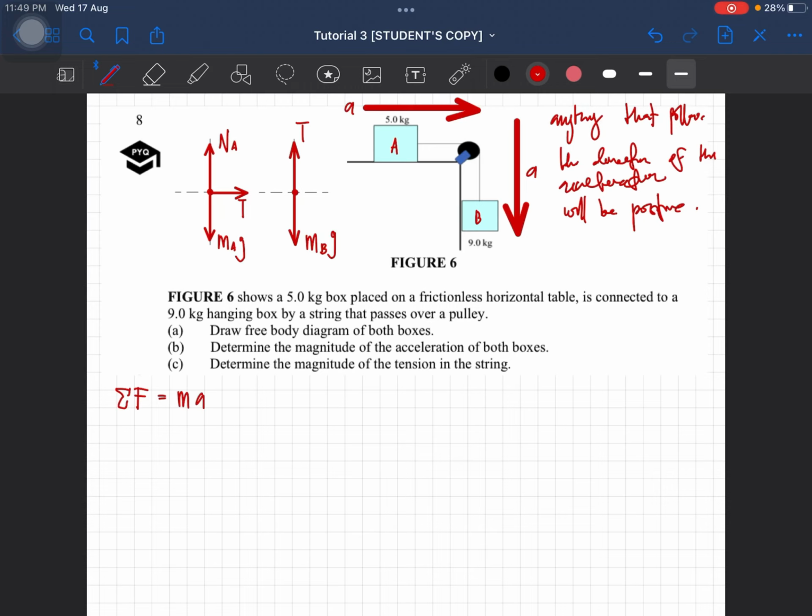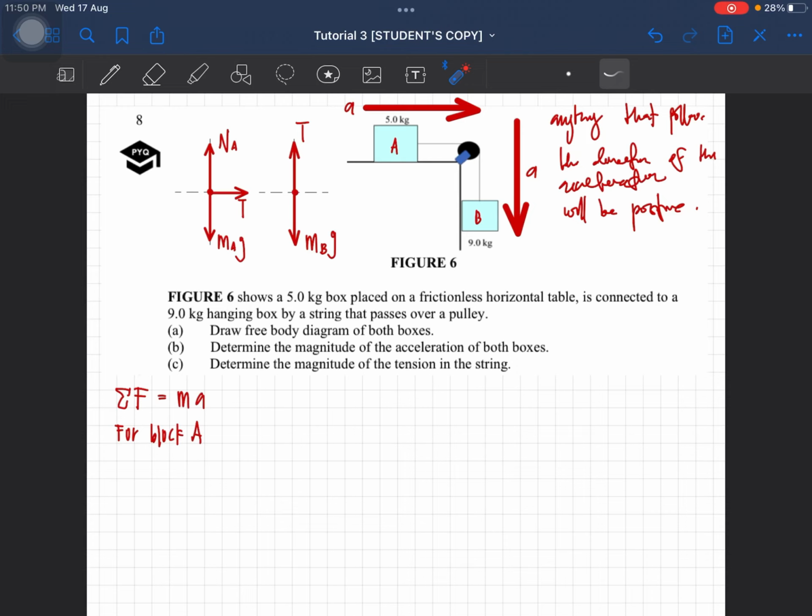Alright, now we are going to do it one by one. For block A, since we are looking for the acceleration, do we need the y component?